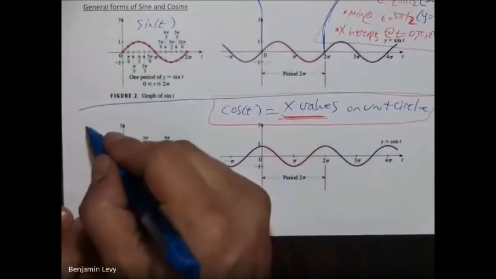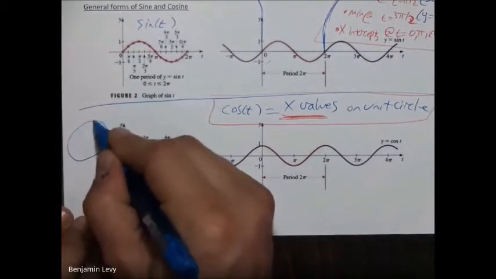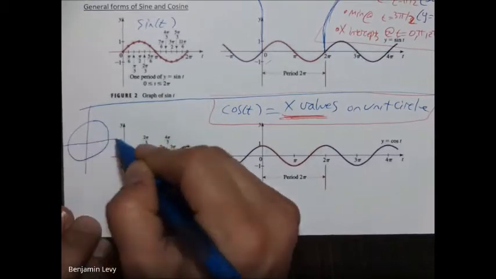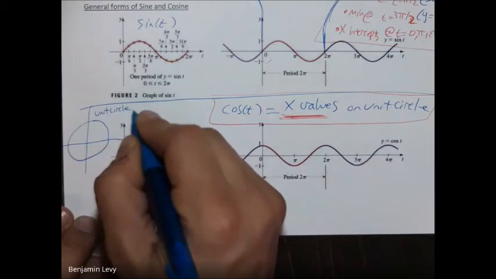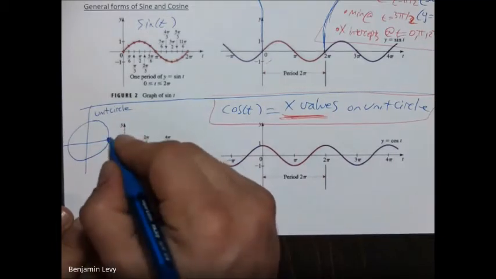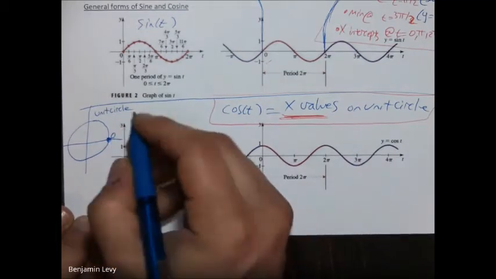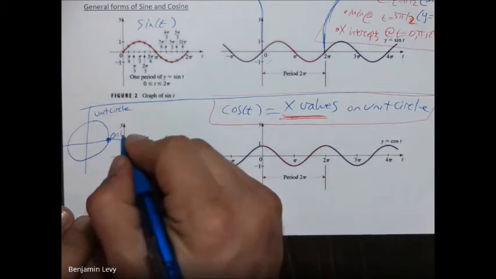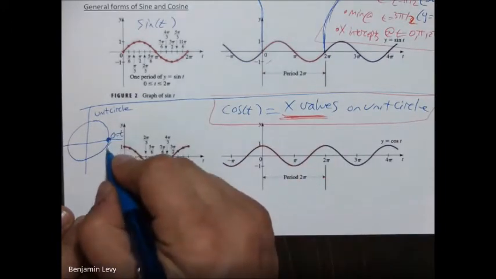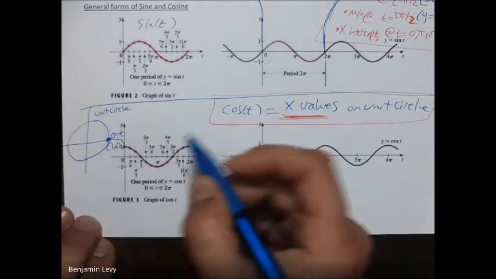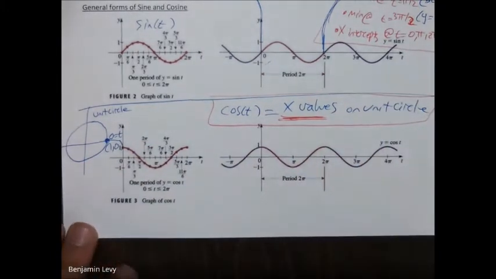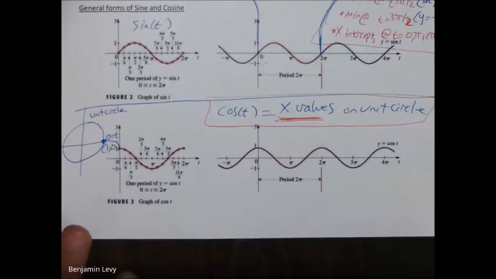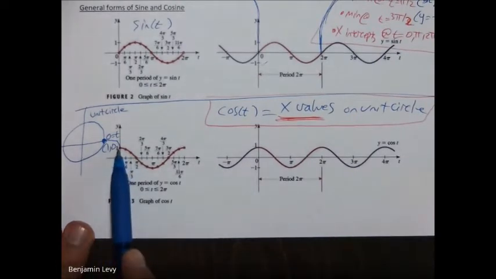And let me just draw a mini unit circle right here so we can kind of trace it out as we go. This is our unit circle. We know we always start right here. That's the point 0, t equals 0. And it's the point 1, 0. Right? So the x value actually starts at 1 when we're thinking about the unit circle. And so that's why the graph of cosine starts at 1.